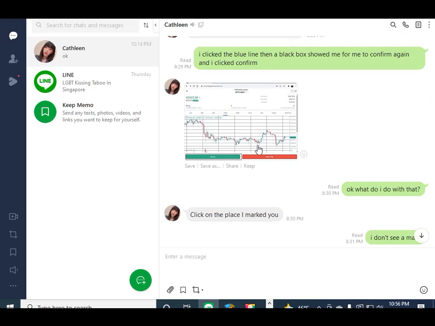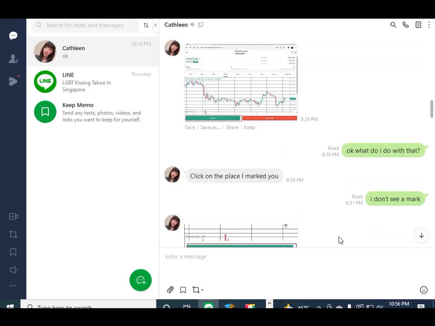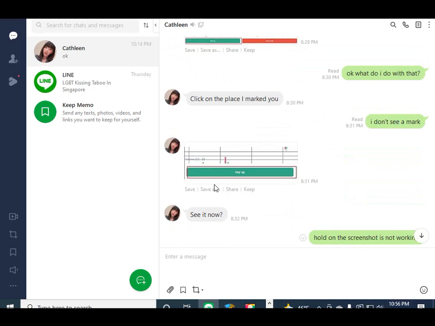Okay, so she's showing this. Click on the place I marked you. I don't see a mark. Okay, see? This is what she wants. Green here. See it now?